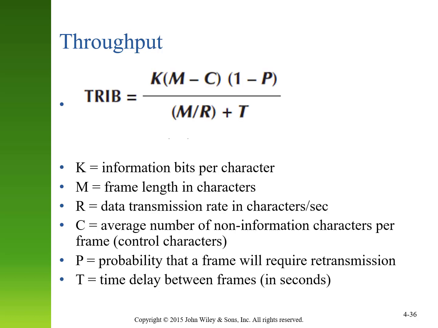It takes into account the information bits per character, the frame length in characters, the transmission rate in terms of characters per second, how many non-information characters we're sending in a frame, the likelihood that you're actually going to have an error and require retransmission, and how long it takes between frames. By considering all of these different factors, we can come up with the right size of a frame.